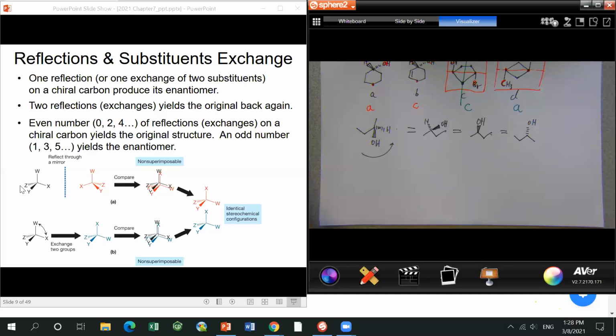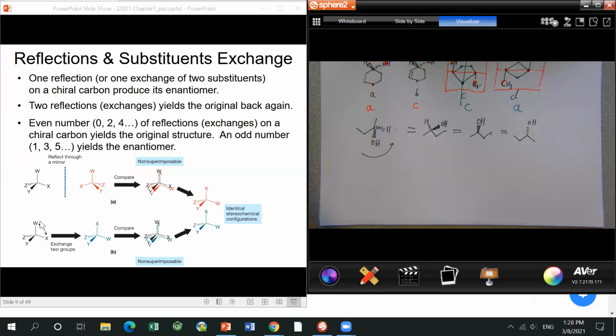Here's one example. This is the original molecule, and if you do one reflection, that's the mirror image, and that's the enantiomer, because the original molecule has four different attachments, so it is a chiral molecule, and that's a pair of enantiomers.